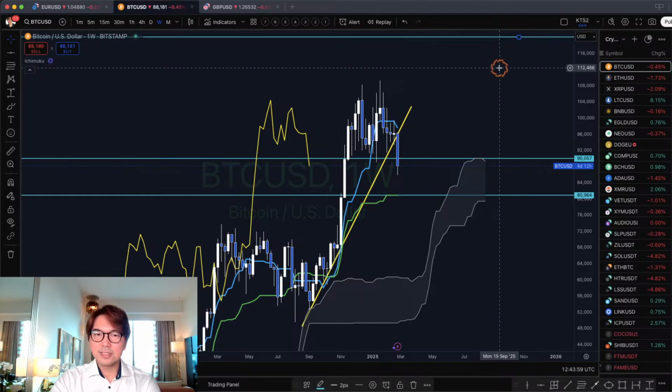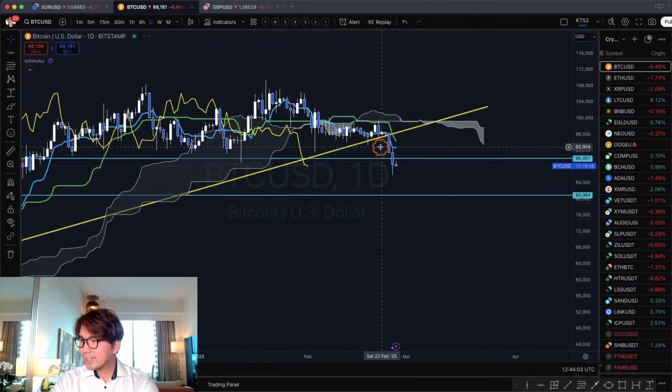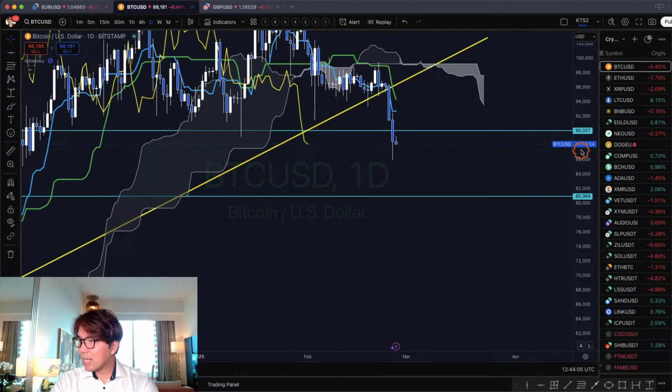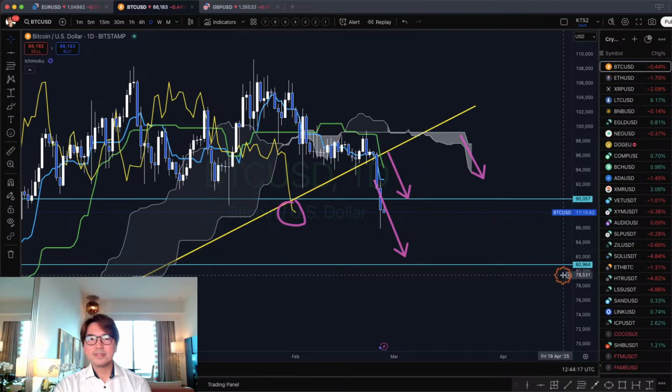So I take out the lines above. It's now bearish. Daily Kumo is now down. Kijun Sen, Tenkan Sen down. Chikou span below the candles. So it's bearish. I think the market hits 80 or 81,000 sometime this week.